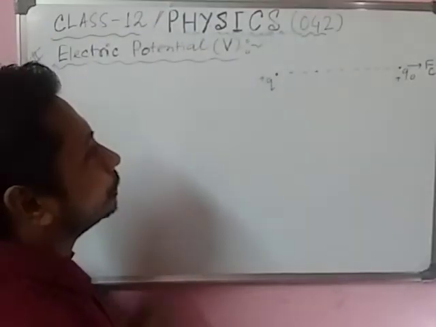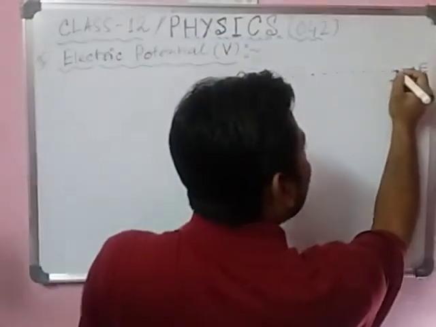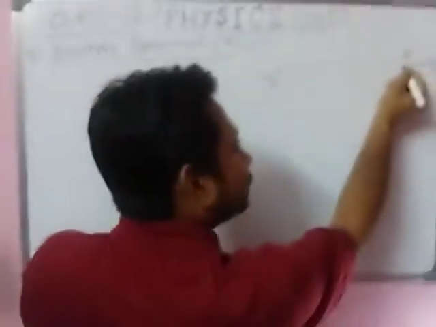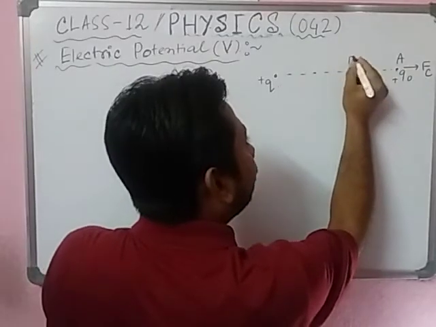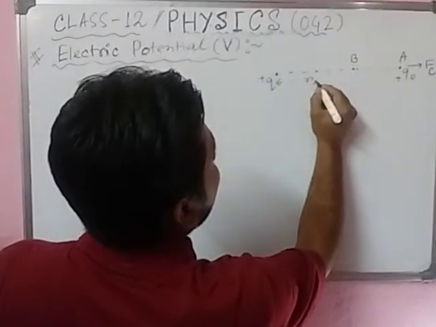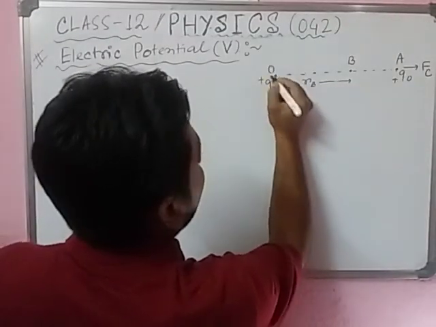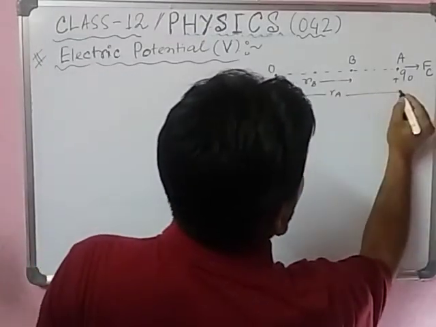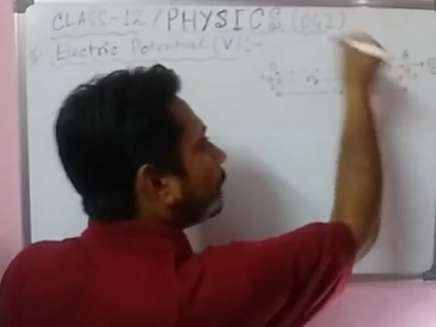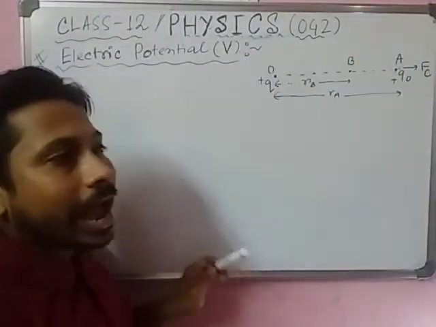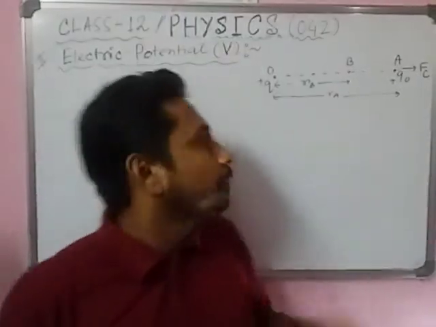Now suppose you want to transfer this charge from point A to point B like this. You can also take the distance RB from O to point B, and another distance RA from O to point A. So you want to transfer plus Q naught charge from A to B, and you need some work done for doing this.